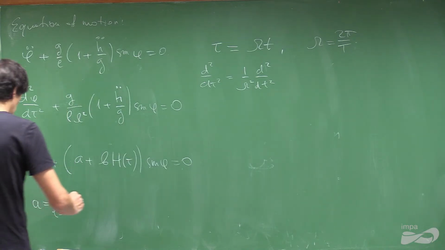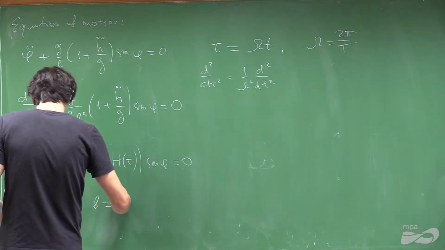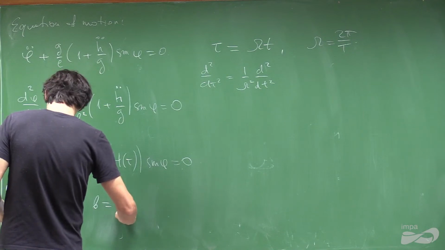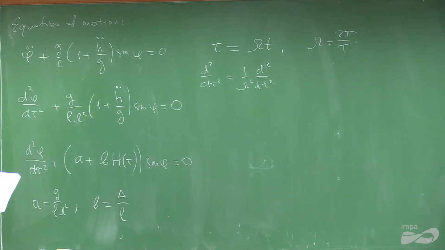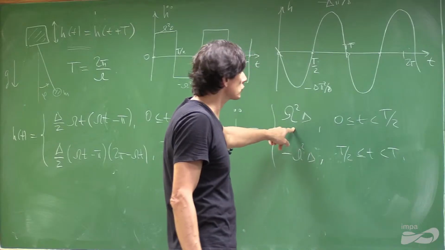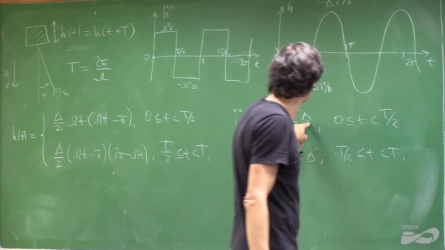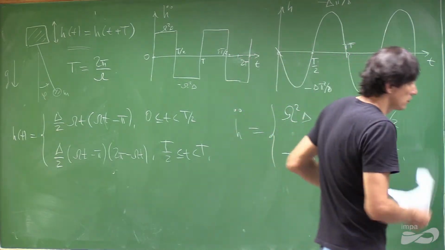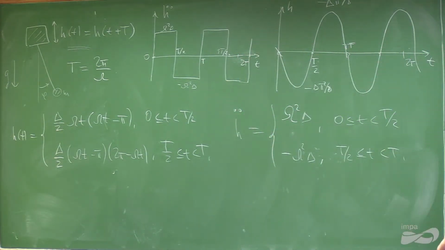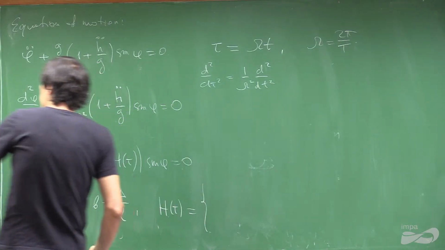B we construct from that. B is actually delta over L. And remember, h double dot is omega squared delta. So omega squared will cancel, g cancels, so what remains is only delta over L. That means that h of tau is just 1 or minus 1.